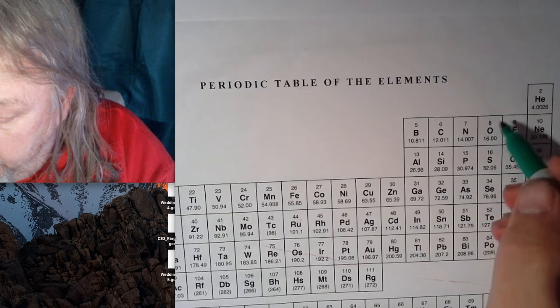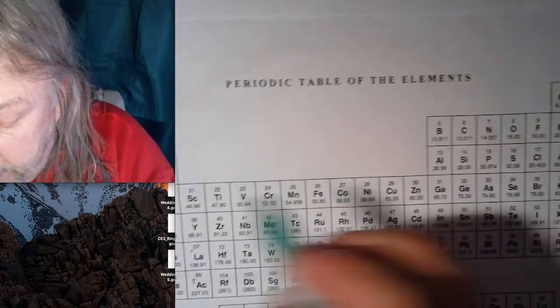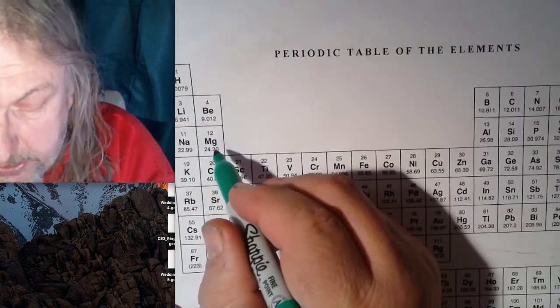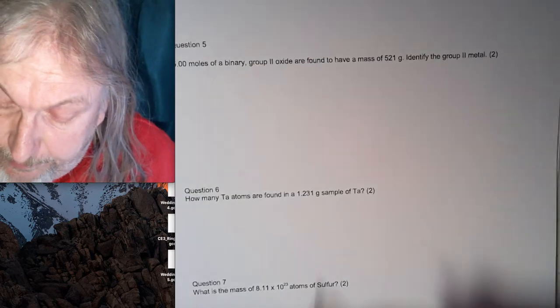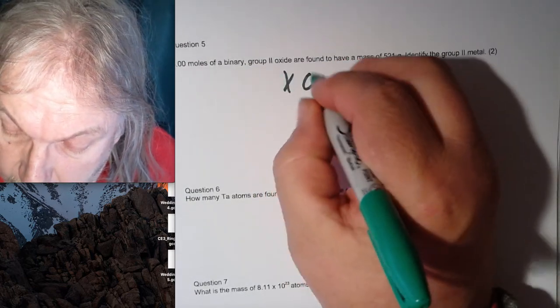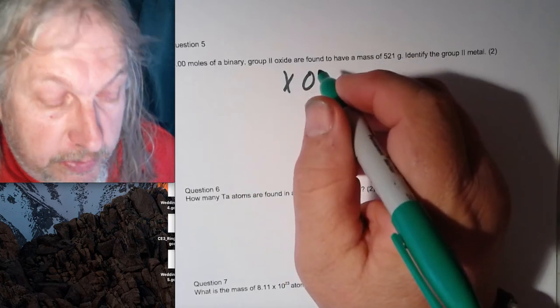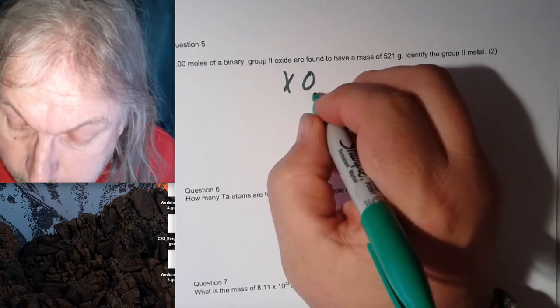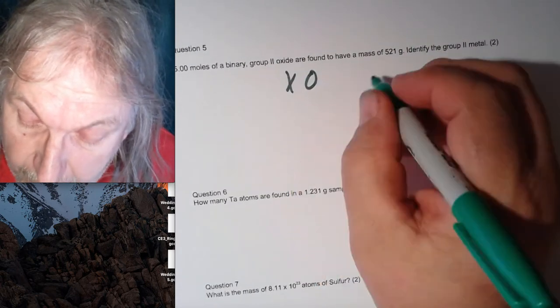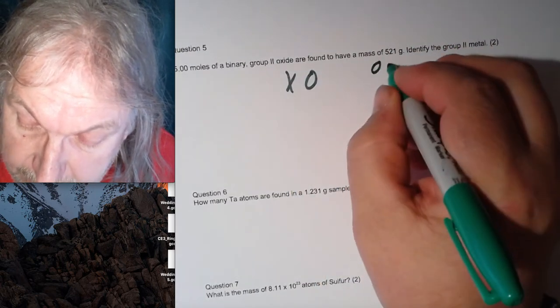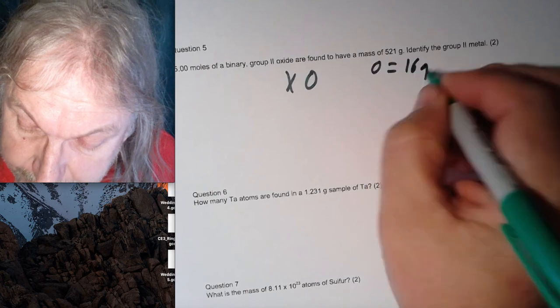If I look at oxygen, it's -2. Group 2s are +2, so it's going to be 1 oxygen, and I'm going to put XO. X would be the group 2 metal. It's not XO2, it's XO. Now I know that oxygen has an atomic mass of 16 grams.